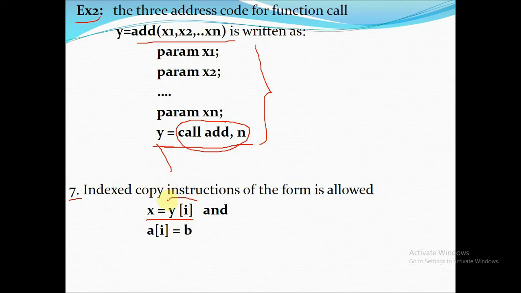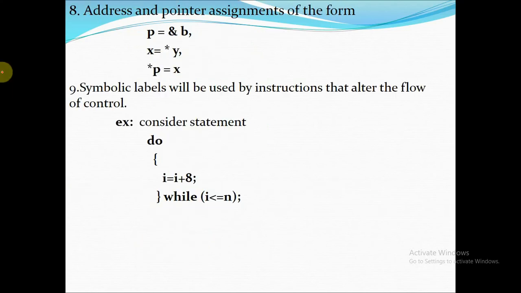I am going to assign the value of the array at index i to the variable x. Similarly, I can do the reverse also. So a[i] equal to b means an individual variable value can be assigned to a specific location of the array.